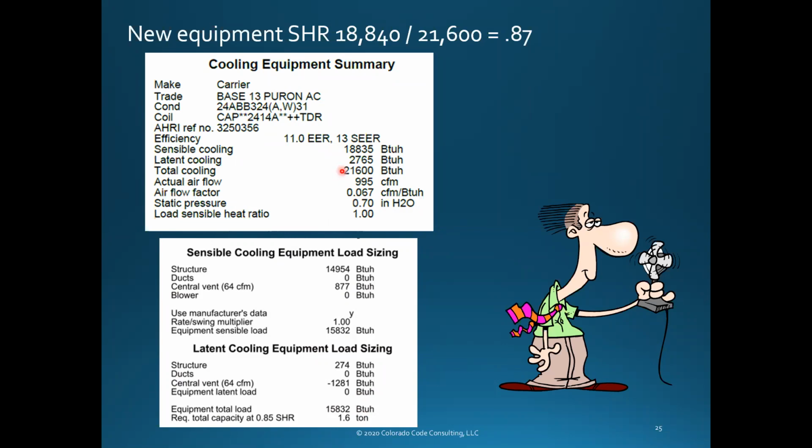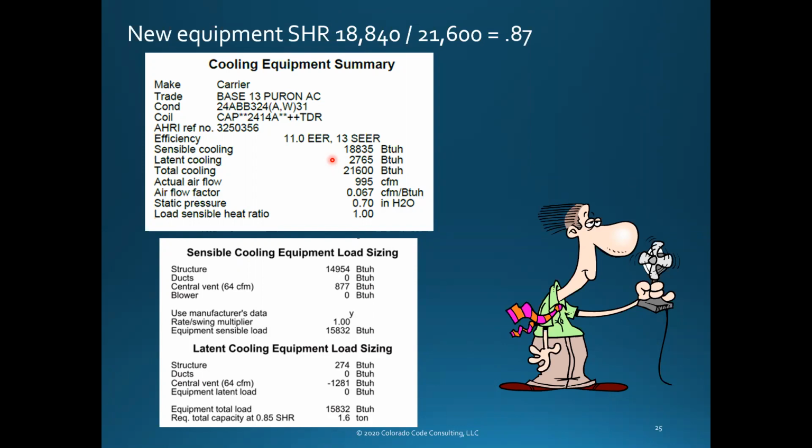It still has that total capacity of 21,600. It's just, is it doing sensible or is it doing latent? Well, I'm telling you, we don't have latent loads that are probably even near 1,000, even in reality. And so that's why I think it's important to just do the math, because you might be oversizing it and you just don't even know it.